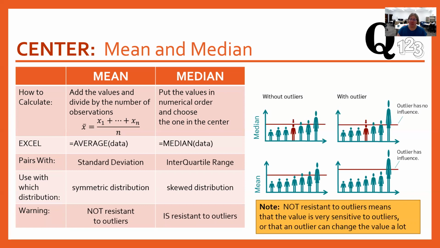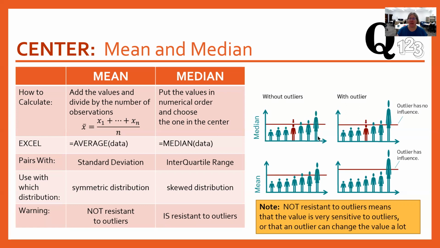So we have 7 people here, and in that first column, there's no outlier. So we have some people that are on the shorter side, some people that are a little bit on the taller side, but everybody's kind of in a standard range there. So if I'm calculating the median, it's going to be the height of this person that's the 4th person over, so directly in the center of the group. And suppose we've made a mistake.